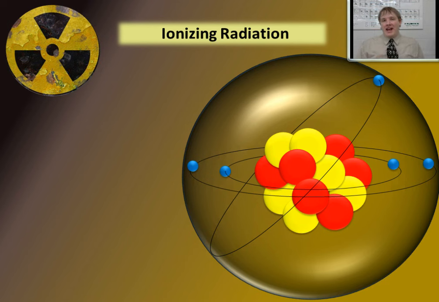And when that happens, when your DNA changes because of ionizing radiation, there's a chance that that can cause things like cancer. Please make sure you understand that ionizing radiation can be particles or electromagnetic with a lot of energy, in fact, enough energy to cause electrons to change in an atom.